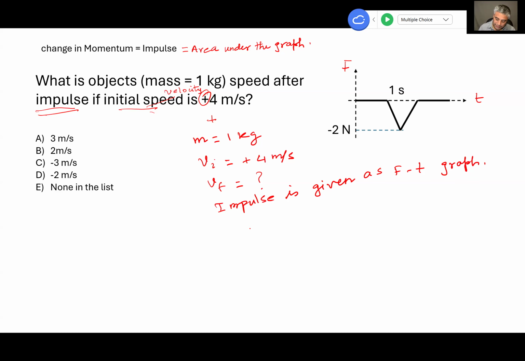So that means impulse is the area under it, so the area of the triangle in this case.